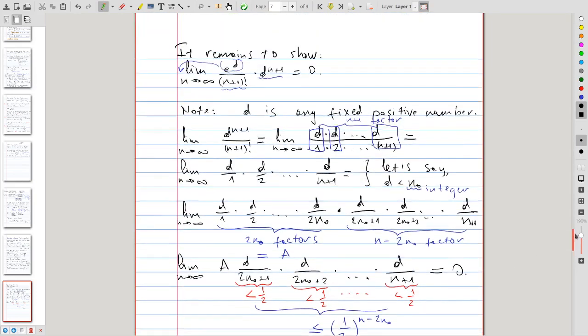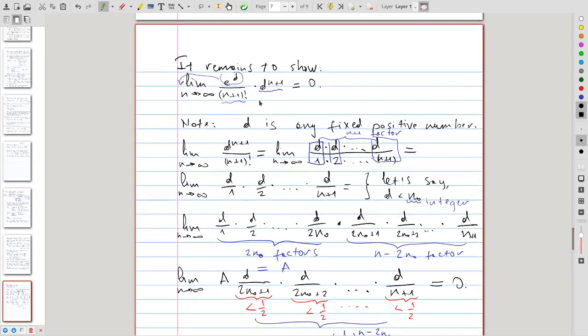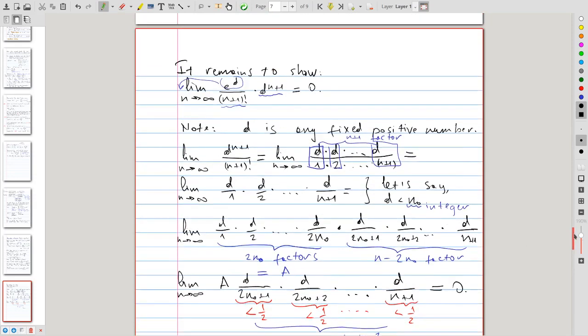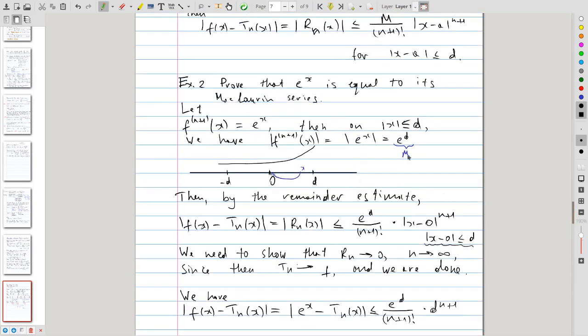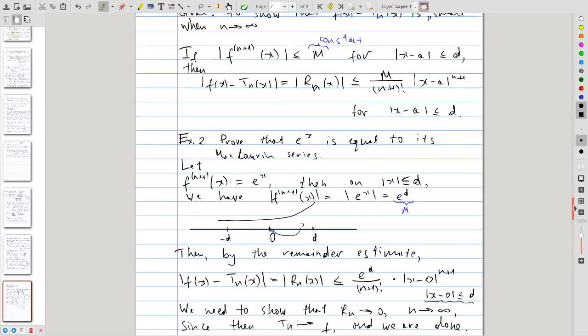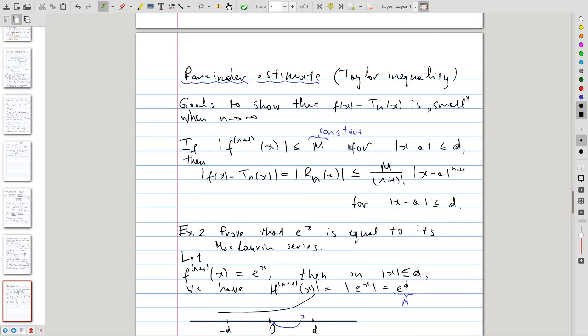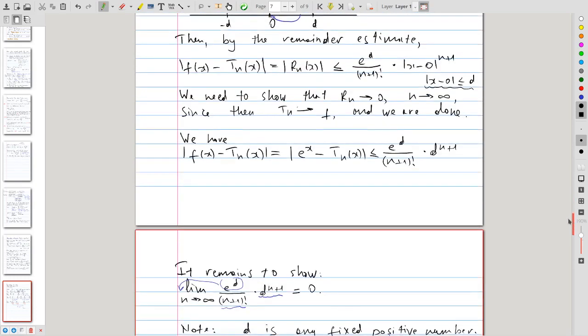So let's see what we have obtained here. We set out to show that this product is 0, and we were successfully able to show this. And this, by the remainder estimate, means that the difference between f and the nth partial sum of the Taylor series, aka the remainder, goes to 0 when n goes to infinity.